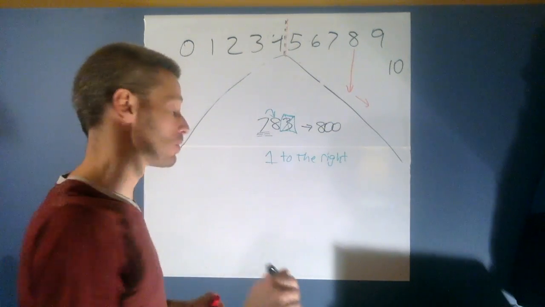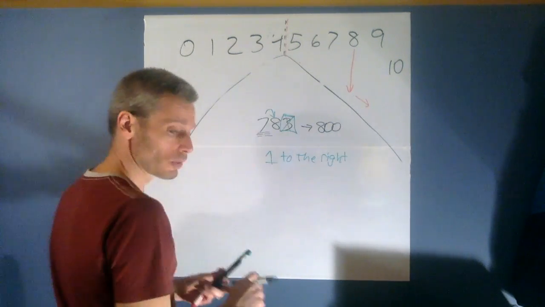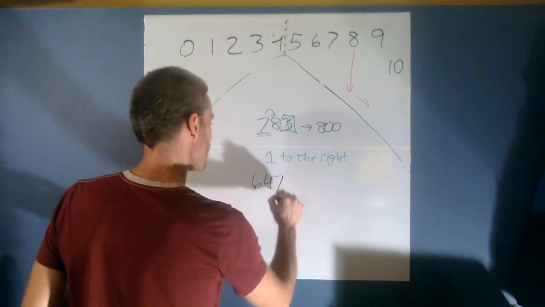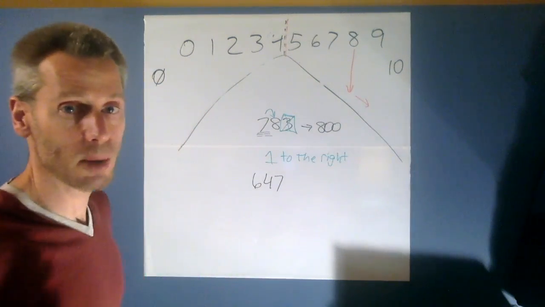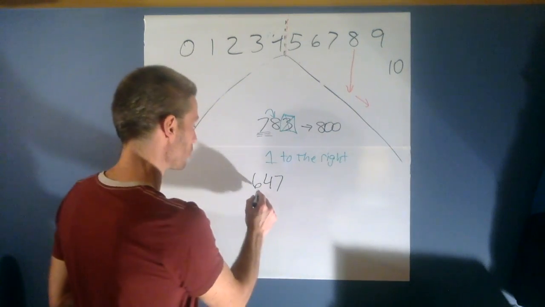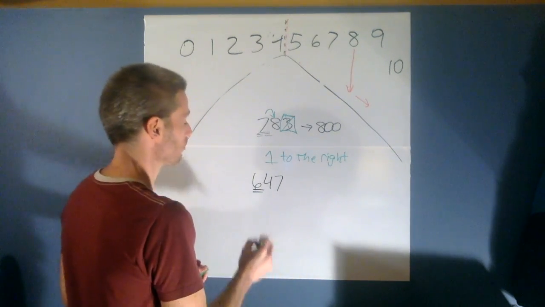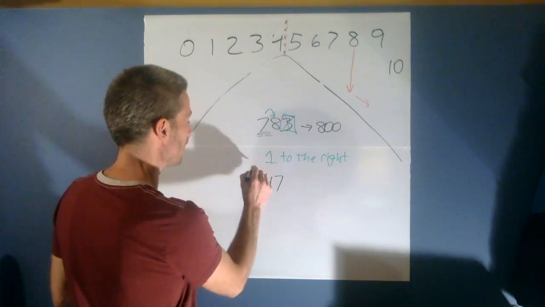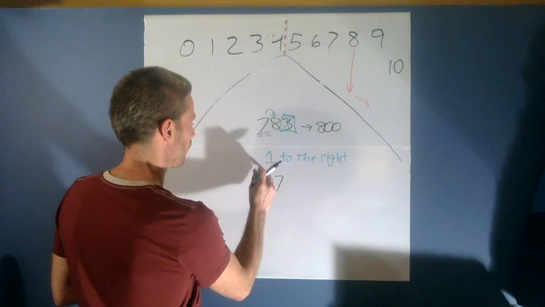I'm going to give you another example. Another example is, say, 647. And this time I'm going to round it also to the nearest 100. So what do I do? I look 1 to the right. The 4.